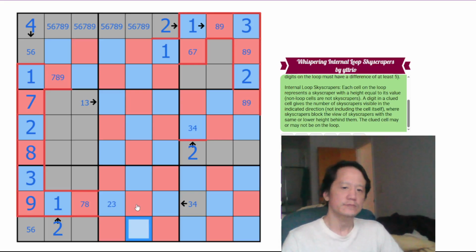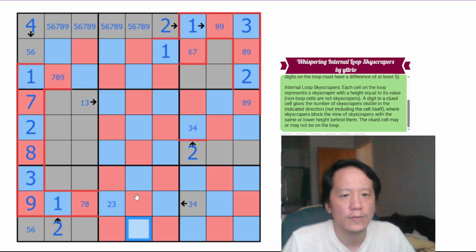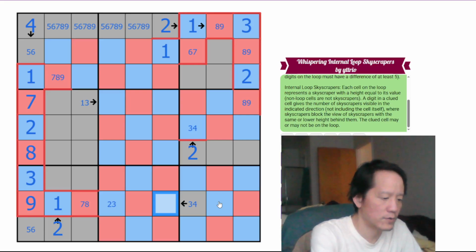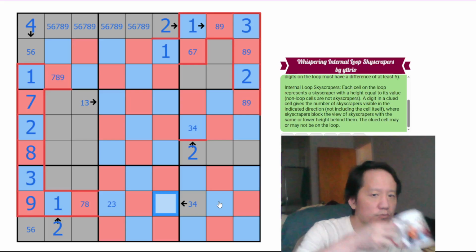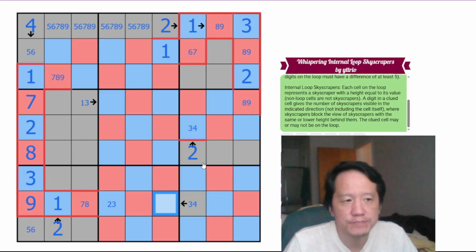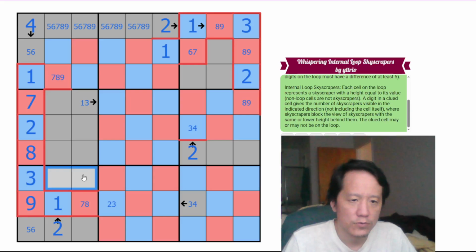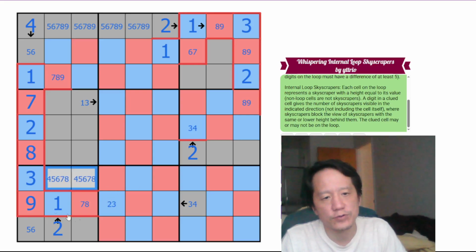Unlikely, but possible. Remaining digits in box 7 are 4 through 8.